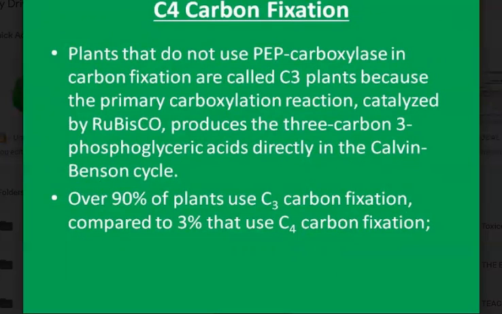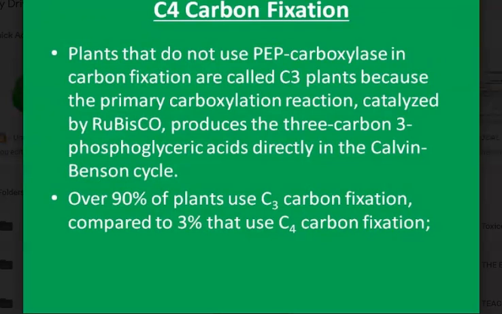Now, plants that do not use PEP carboxylase in carbon fixation are called C3 plants, because their primary carboxylation reaction, catalyzed by Rubisco, produces the 3-carbon 3-phosphoglyceric acid directly in the Calvin-Benson cycle, right?